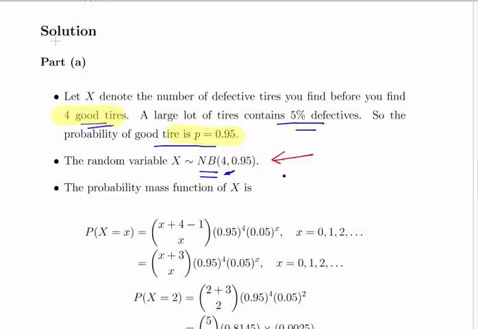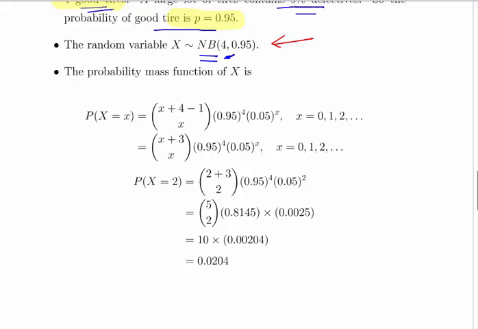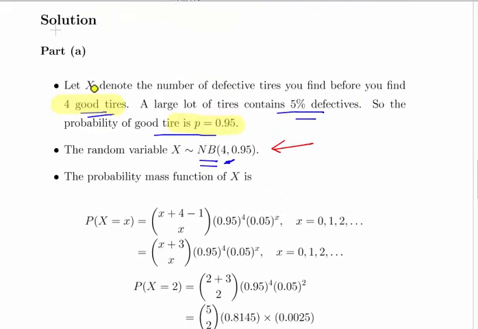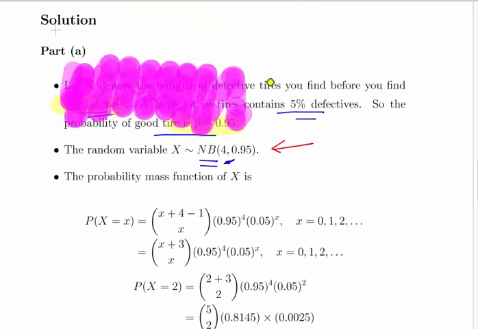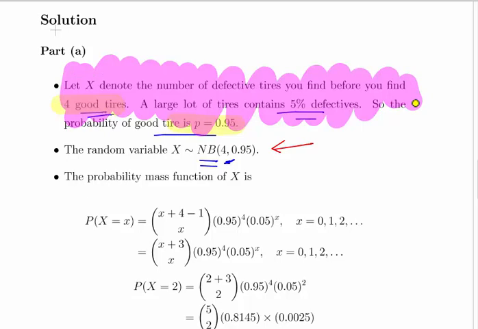Just state that in your question, to make it clear what you are doing. Be very clear that you explain that. It is very important to describe what x is, particularly in the case of a negative binomial distribution, more so than Poisson and binomial, because there was less uncertainty about those.